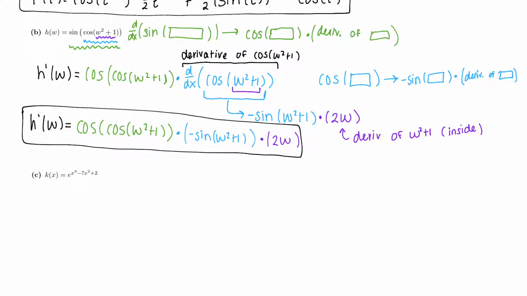Yes, absolutely. So if you didn't have parentheses on this guy, that would be a problem. So if you had cosine of w squared plus 1, negative sine, if you wrote it like this, it would mean minus sine as opposed to multiply by negative sine. So there's times when parentheses aren't necessary, and then there's times when they are.